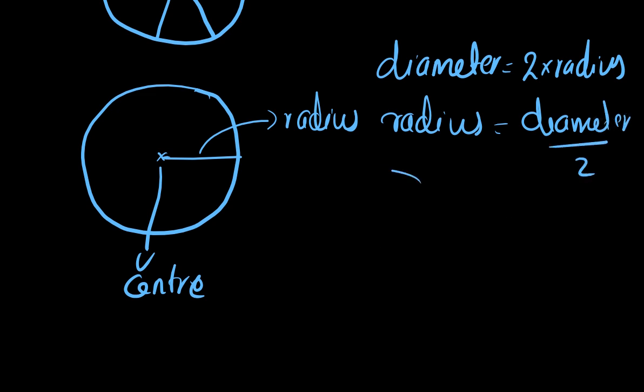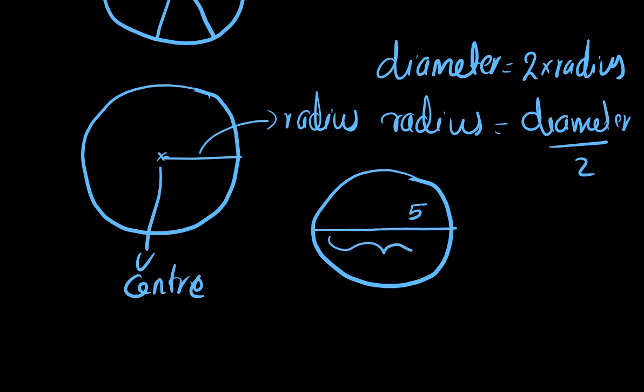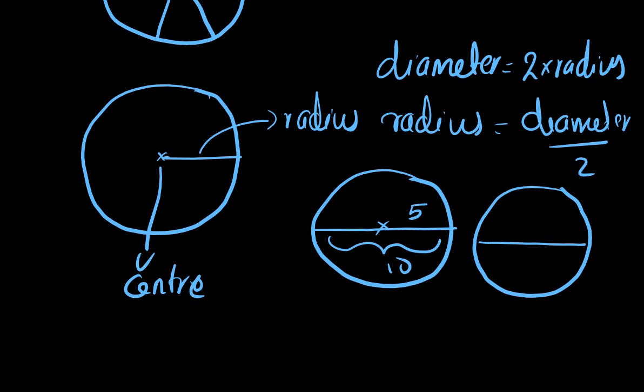For example, this is a circle and suppose the radius is 5, then its diameter will be 10. This is the center. Is it clear? Otherwise, if we have a circle with diameter 8, then its radius will be 4. So we can define diameter and radius like this.